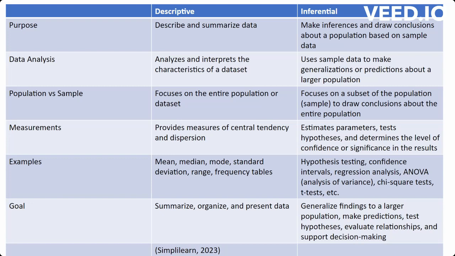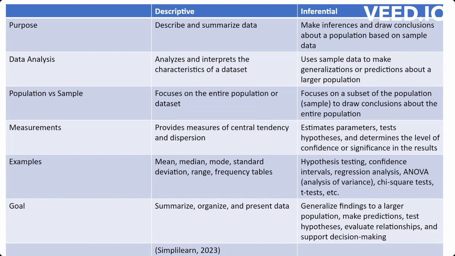ANOVA, we are going to discuss that. Chi-square test, t-test, we are going to discuss. There are several inferential statistics, but these are the ones we need to focus on at the moment. They are the common ones in your academic research, say your dissertation, your thesis, and other research methods you are trying to work on.